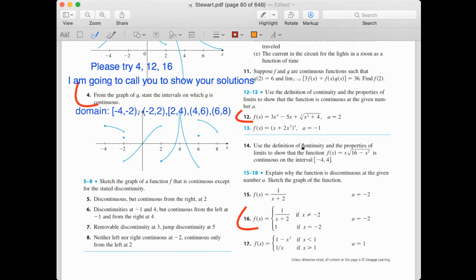So for this question, using the properties of limits, I decided to break down the function into components: limit as x approaches a of 3x to the 4th, plus limit as x approaches a of -5x, plus limit as x approaches a of the cube root of x squared plus 4.